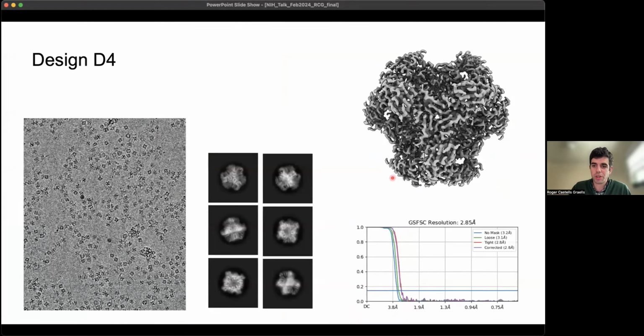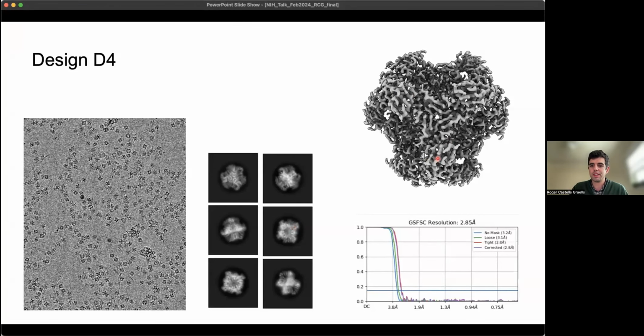And here I will show you another one of the designs. In this case, one of the views looks like a triangle or like a ninja star. And in the other one, it looks like another view. So if you look at different orientations, it looks like a cube with spikes on the sides. In this case, the fold that we used for one of the components was a protein that was already originally synthetically designed.